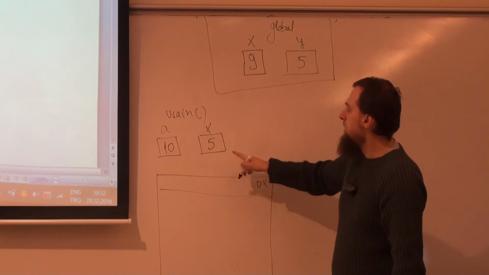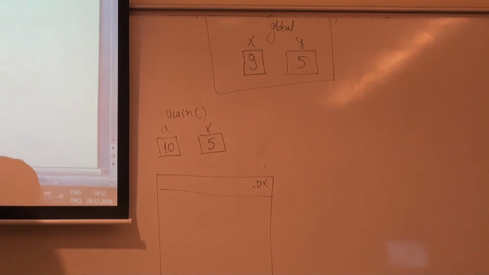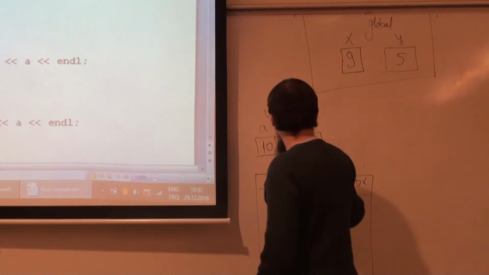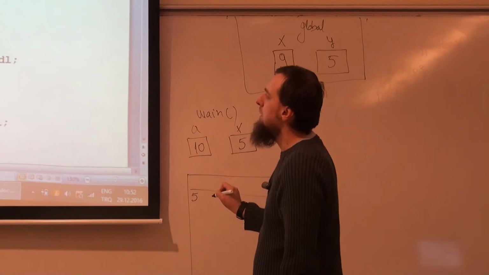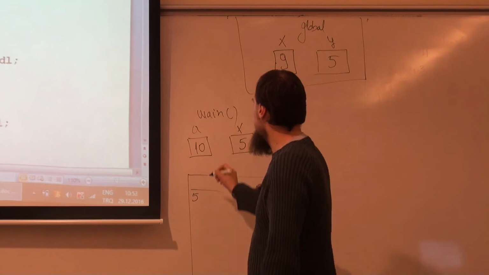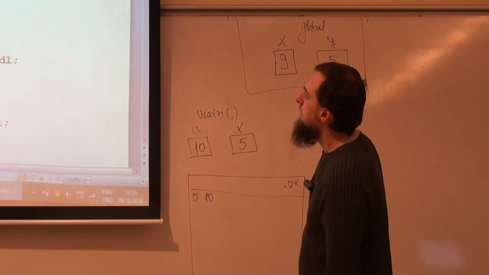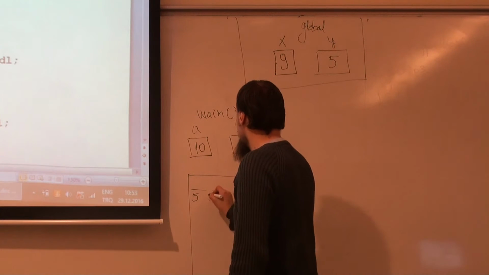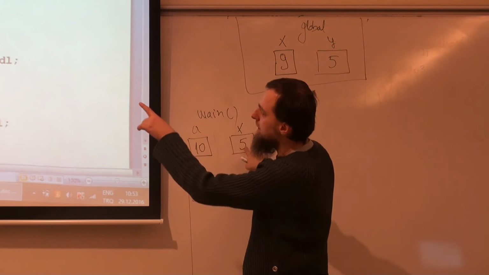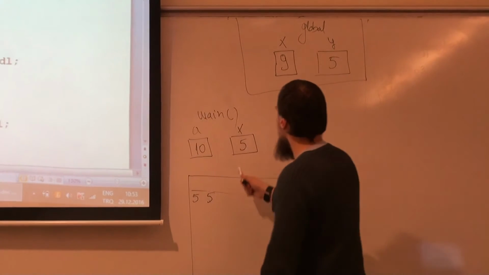So when I print x, y, and a, I'm printing x, which is 5, then an empty space, y, which is 5, and then a, and a is 10.